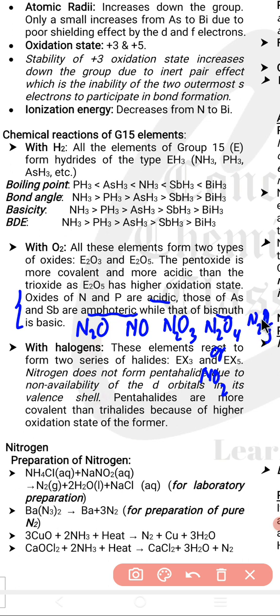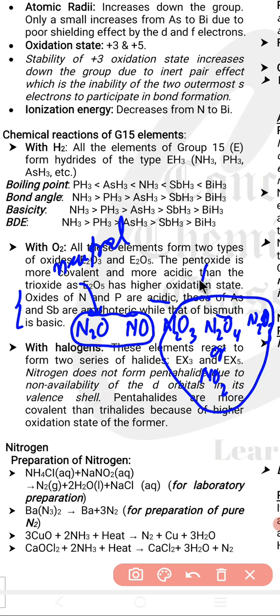These are the oxides of nitrogen, and between these 5 or 6 oxides, the first two, nitrous oxide and nitric oxide, are neutral, not acidic, while the remaining oxides of nitrogen are acidic in nature. Nitrous oxide is also called ha-ha gas, that is laughing gas.